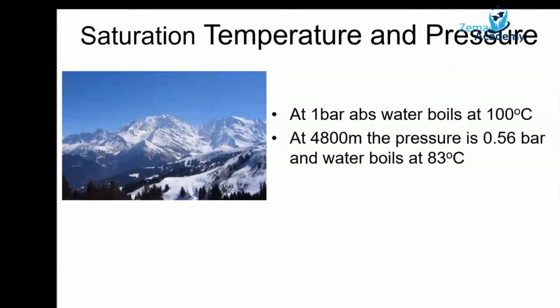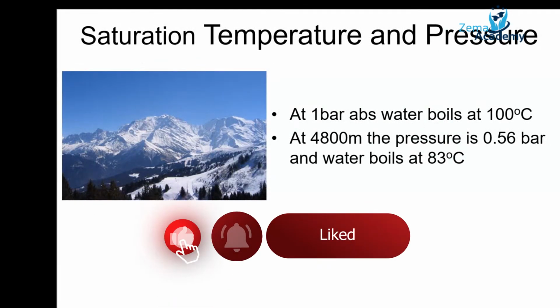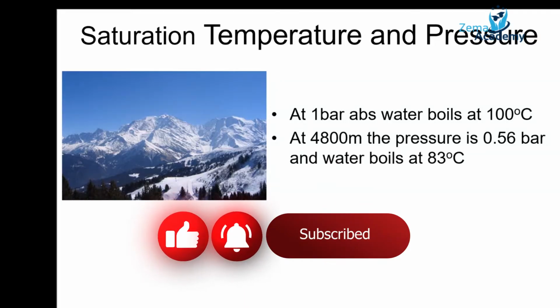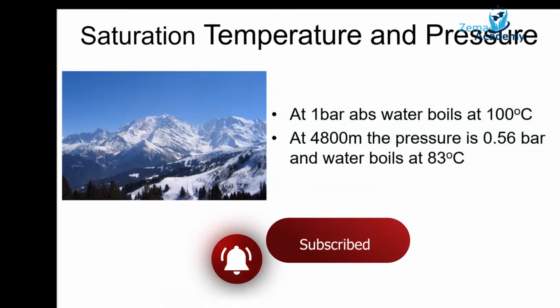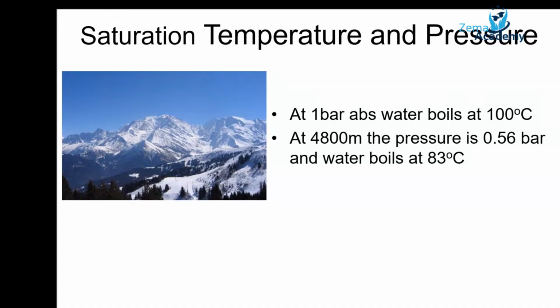For instance, if you take water and try to boil it at, let's say, 4,800 meters, at a pressure of 0.56 bar, the water boils at 83 degrees C. So as you can see, not 100, the one that we always say. Depending on the pressure, water can also boil at 83 degrees C. What I wanted to highlight here is the relationship between pressure and temperature, and that is critical in any refrigeration systems that we will look at.